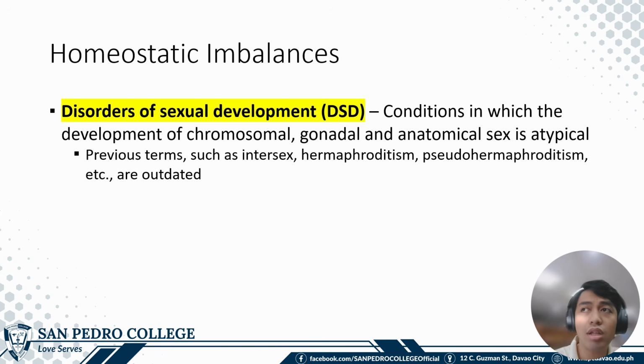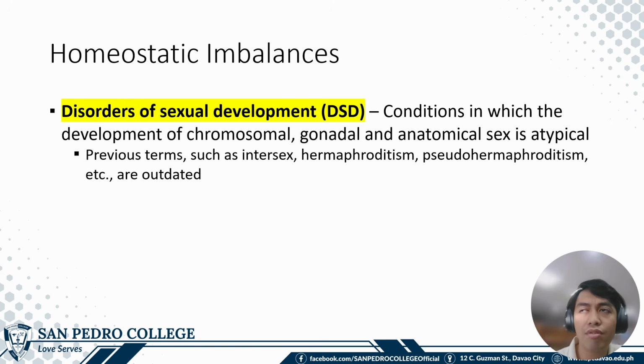For example, the person may have ovaries as their gonad, but there is increased level of testosterone, hence the development of the external genitalia, which is conventionally a mismatch of the ovaries.